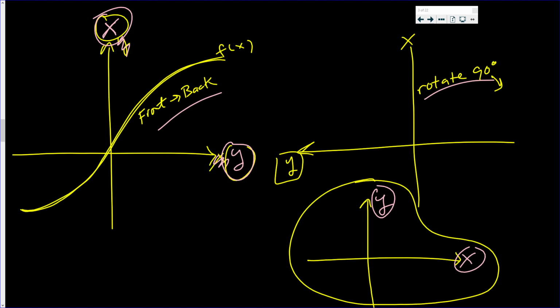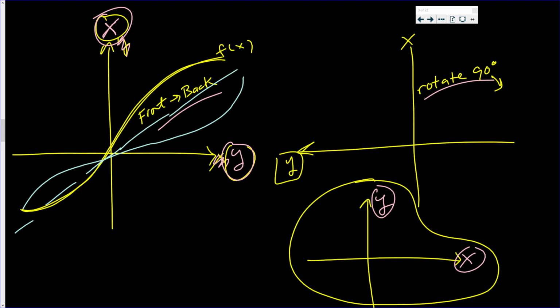You might have to look through from the back to the front. But Y is on top and X is on the right, like always. And what you will see is exactly that. Okay, not almost, not close, but exactly that.